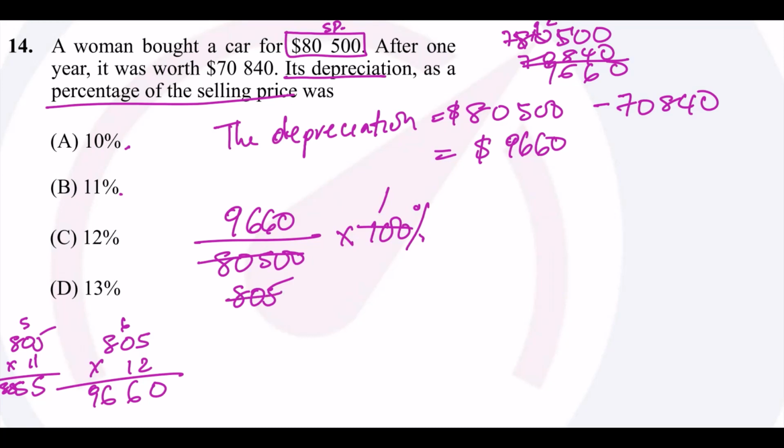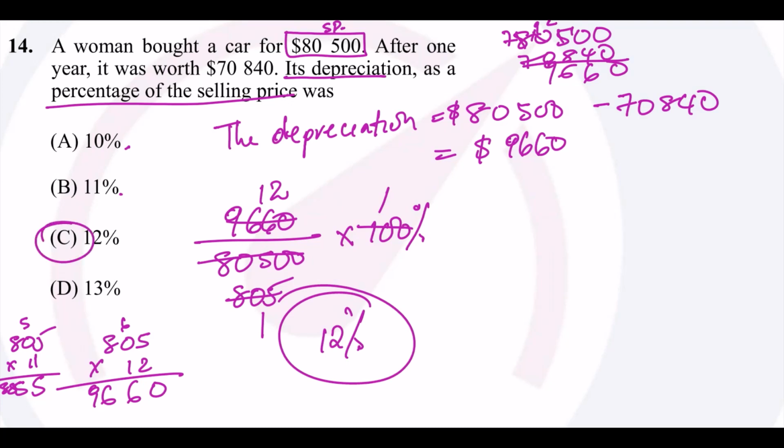So 805 into itself one time, and 805 into 9,660 goes 12 times. So we have 12%. This is how I do my quick timetable over here to help me simplify faster. You could have used smaller numbers. You could have broken it down with 5 and just kept going using numbers that you are more comfortable with.